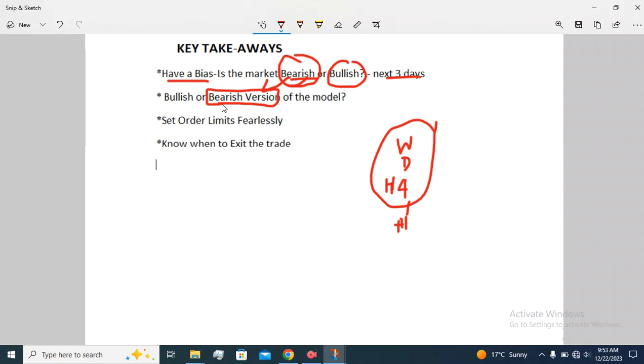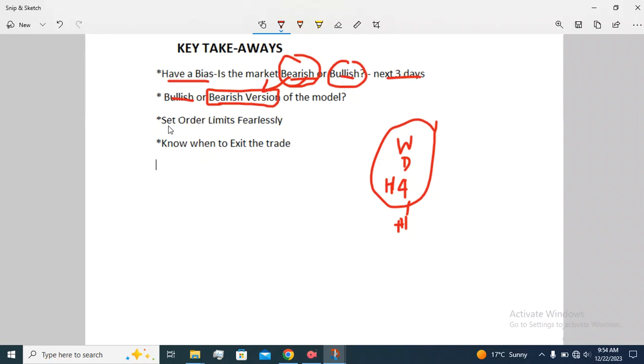Strictly short on the bearish bias and looking for the bearish version of the standard trading model. If it is a bullish market, strictly we are looking for the bullish version of the standard trading model and strictly longs for those next 3 days.